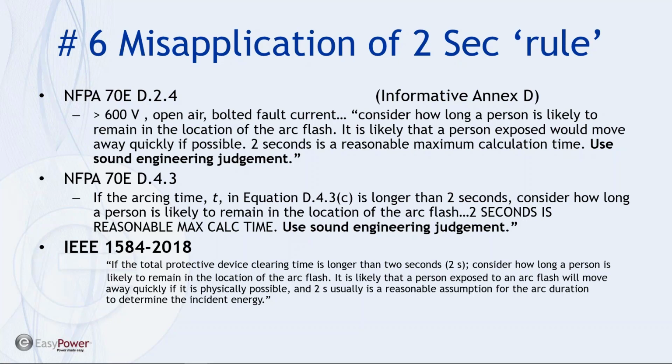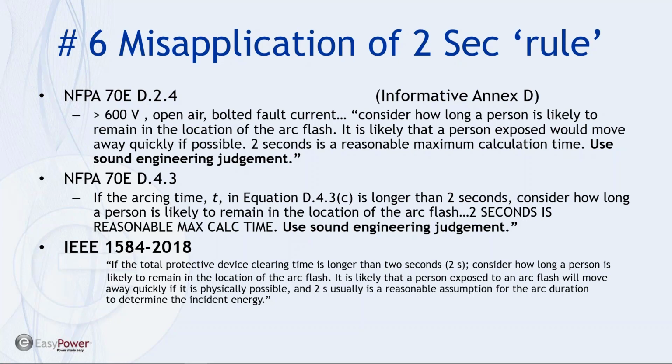Then again in Article D4.3, if the arcing time in equation 4.3 is longer than 2 seconds, consider how long a person is likely to remain in the location of the arc flash. 2 seconds is a reasonable max calculation time. Use sound engineering judgment. So that's the verbiage, and again, some people refer to that as a 2-second rule.